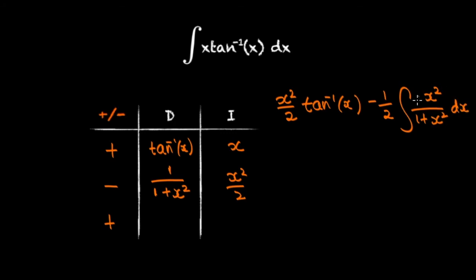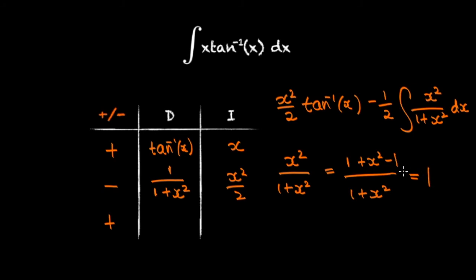And I think the easiest way of integrating this fraction is if we add 0 in a sort of clever way. So x squared over 1 plus x squared is the same as 1 plus x squared minus 1 over 1 plus x squared, because we've added 1 and we've subtracted 1. And then we can split this fraction into two fractions. So we have 1 plus x squared over 1 plus x squared, which is 1, minus 1 over 1 plus x squared.